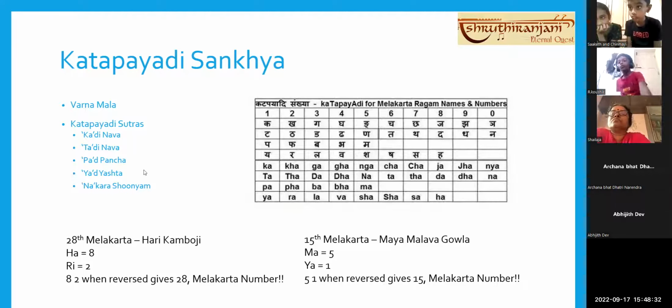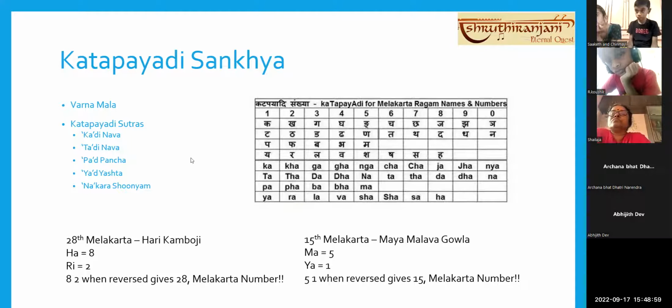Yad Yashta. Count 8 from Ya. So Ya, Ra, La, Va, Sha, Sha, Sa, Ha. Right. Associate them to the numbers. Nakara Shunyam. When you get Na, take it as 0. Okay. Nakara Shunyam. You are finding that Na here, right, which is associated to 0.